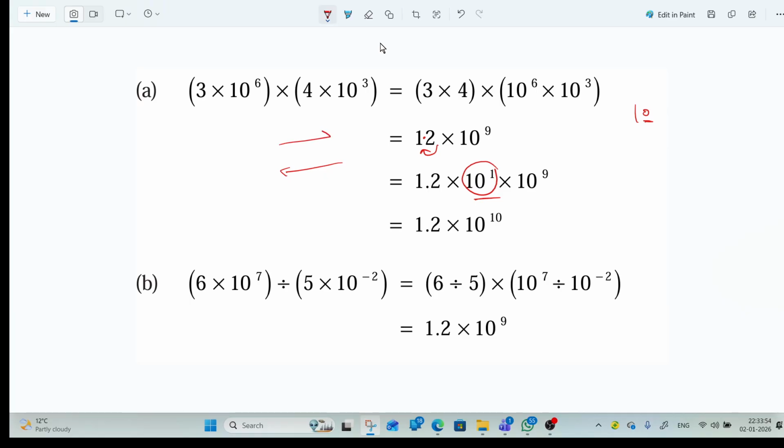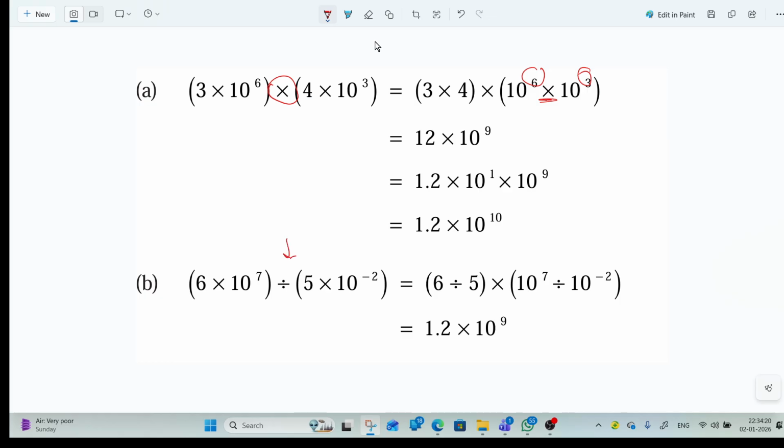If we move the decimal towards right, then we divide. Again they have the same base, both 10. We add the powers because they are in multiplication: 9 plus 1 is 10. So that's your answer. This is for multiplication, that's why we are adding the powers.